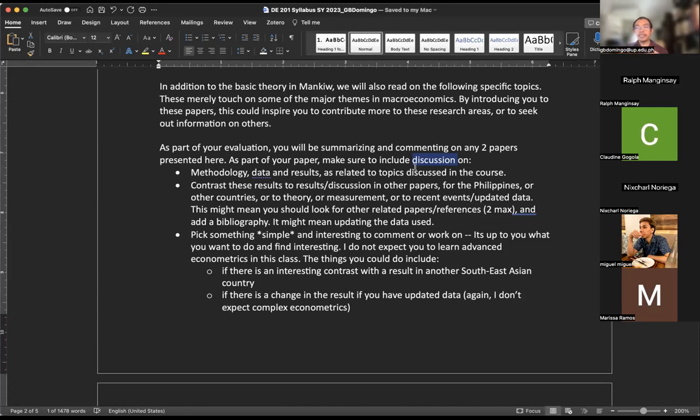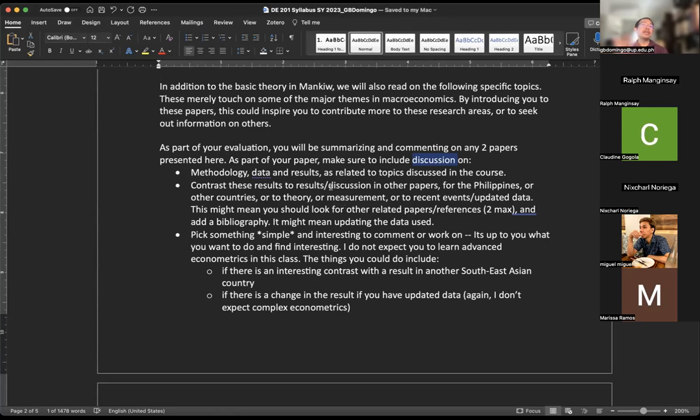And Dr. Dumagan in his paper argues that it is useful. So again, this is something that we might discuss next week. So parang ganon, right? So that's an example. For that, you can look for the chain weight. You could grab recent data and check if you can still make the same argument that Dumagan makes.